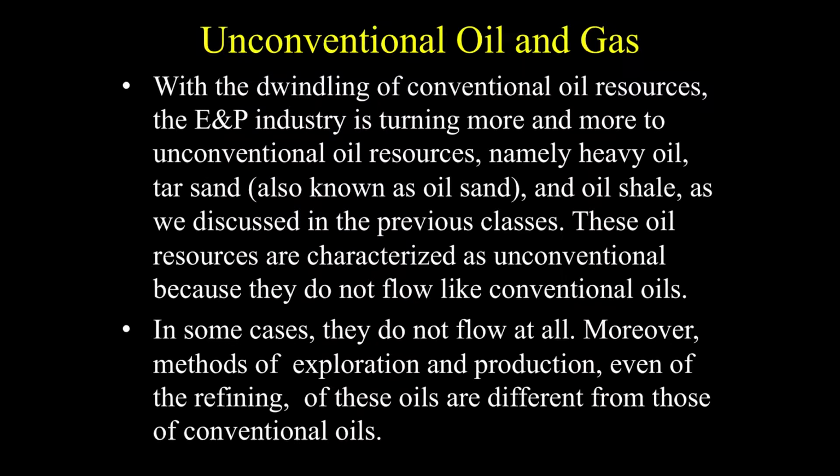These oil resources are characterized as unconventional because they do not flow like conventional oils. In some cases, they do not flow at all. Moreover, methods of exploration and production, even of the refining of these oils, are different from those of conventional oils.